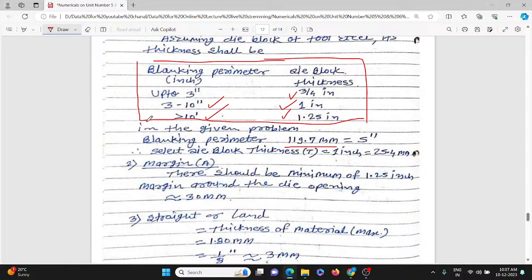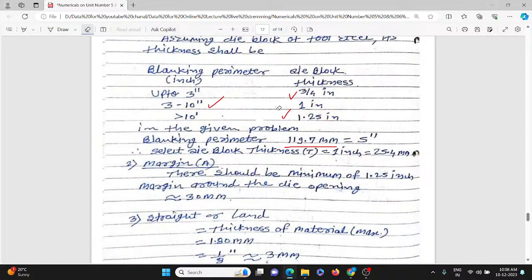So from that we can say it is in the range 3 to 10 inch. So you can select the die block thickness, which equals 1 inch. That 1 inch can be converted into mm, that is 25.4 mm.